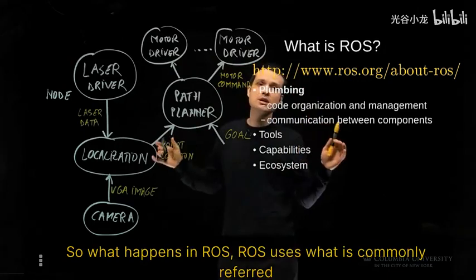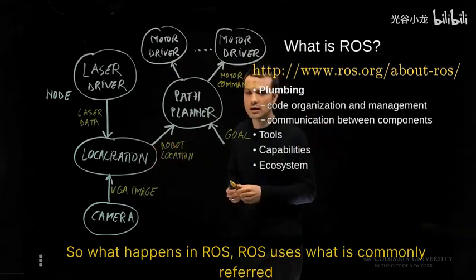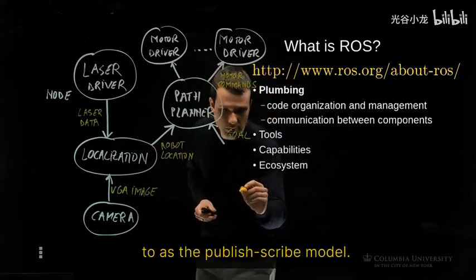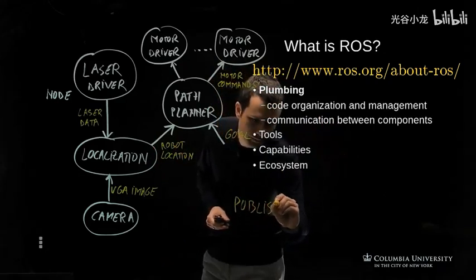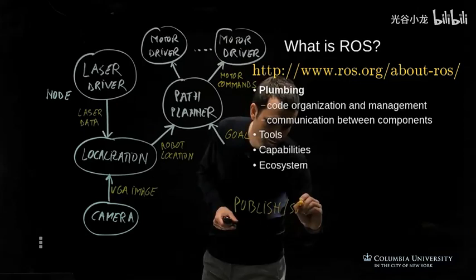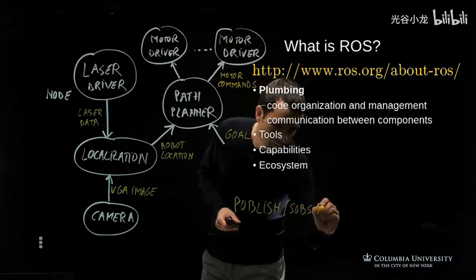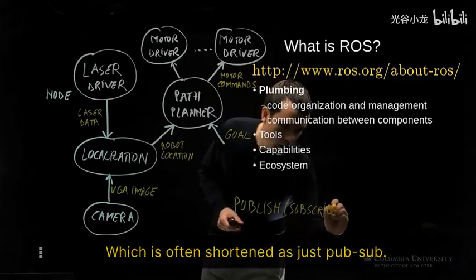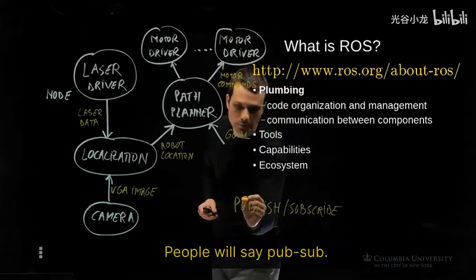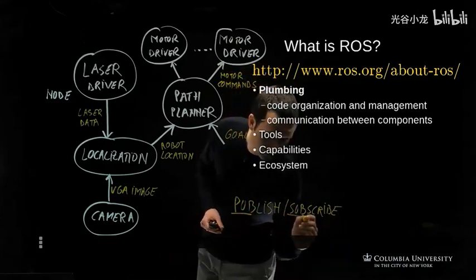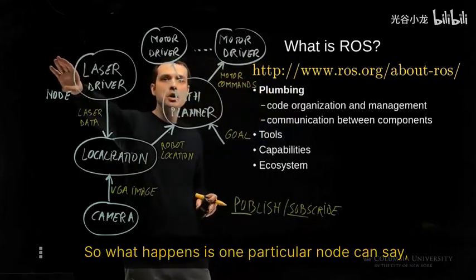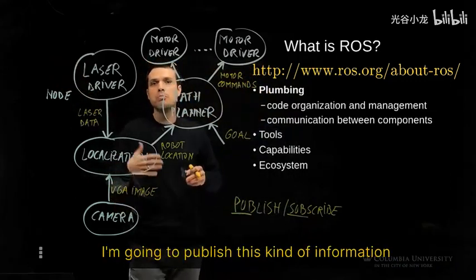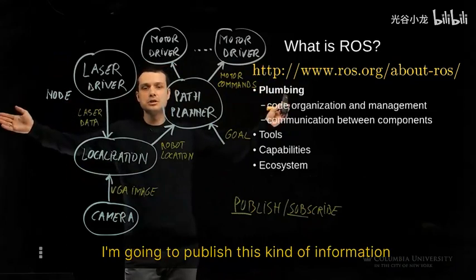So ROS uses what is commonly referred to as the publish-subscribe model, which is often shortened to just pub-sub. People will say pub-sub. One particular node can say, I'm going to publish this kind of information to the rest of the world.